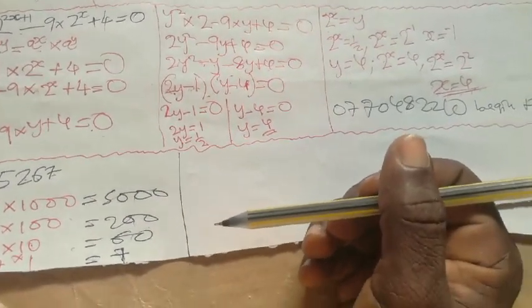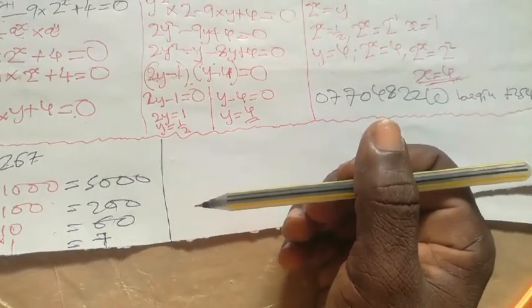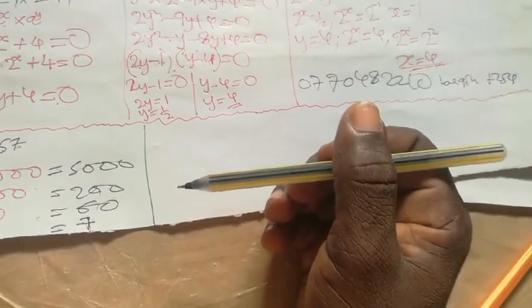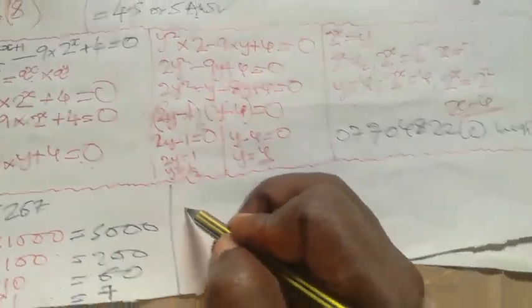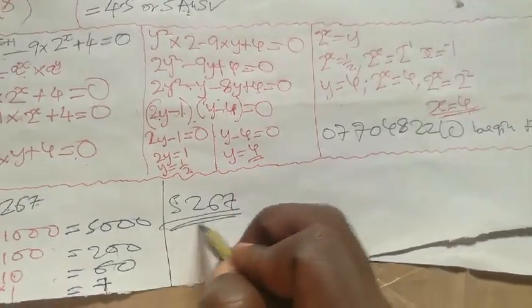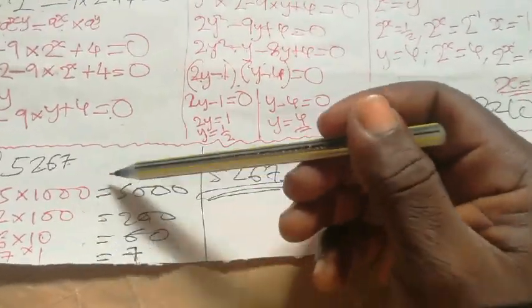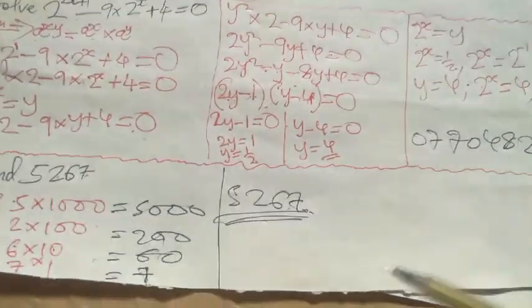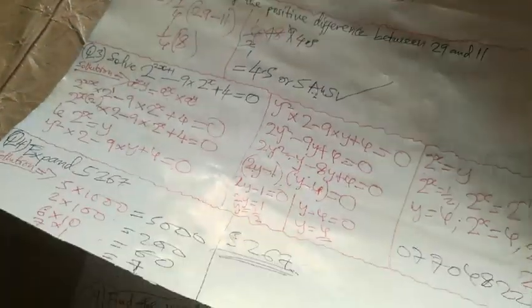Now, if we sum up the product of each figure's total value, you will notice that you get the original figure, 5,267, and this is the required answer. So to expand, you are tested on how to derive the original number, as we have shown, and we have finished the first part of the question.